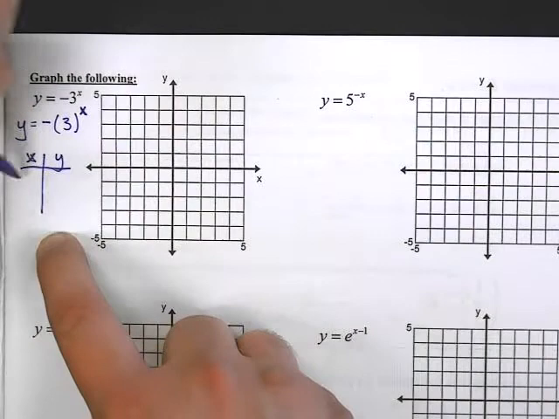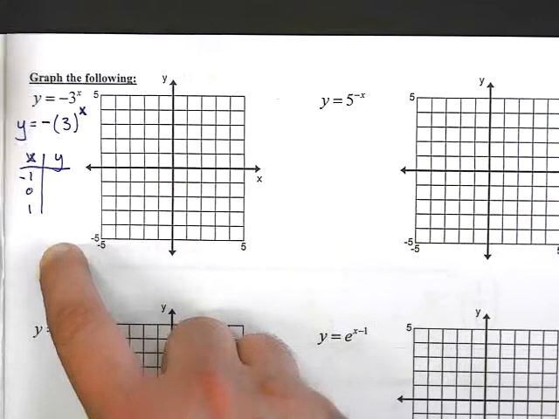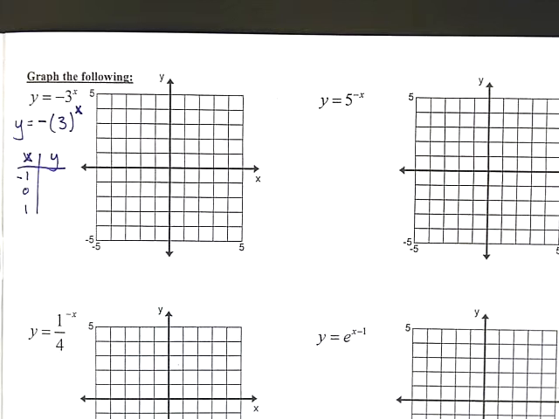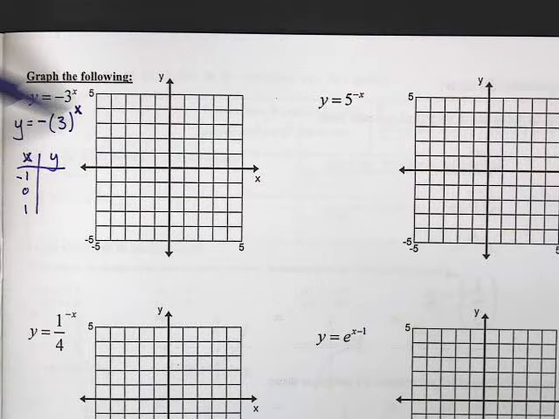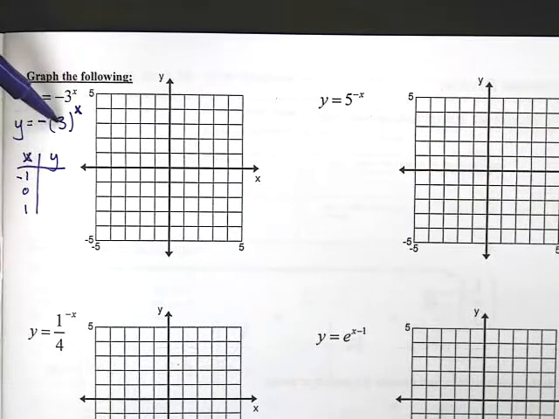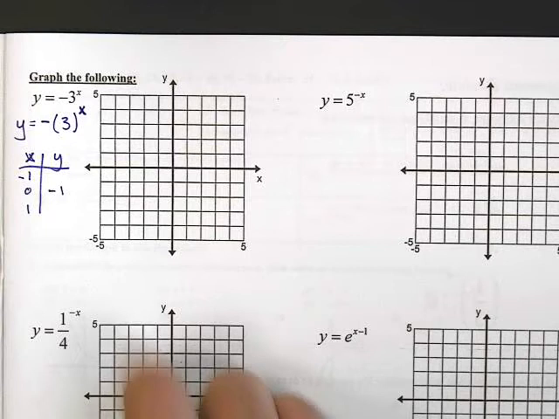You don't have to, but I usually do -1, 0, 1. All right. And what I am going to do is plug in. So the easiest one is 0. Plug it in. 3 to the 0th is 1. But because there's a negative out front, I have to make it -1.